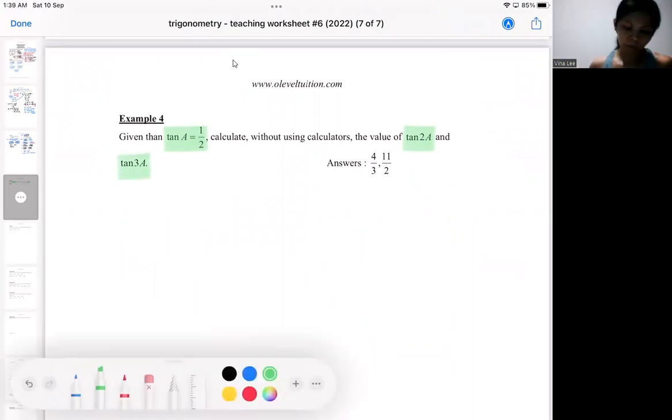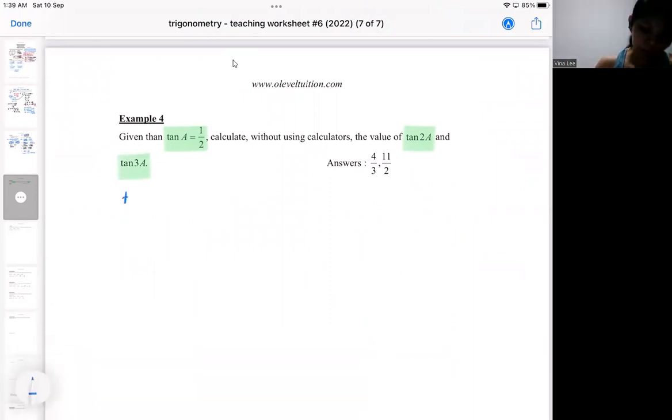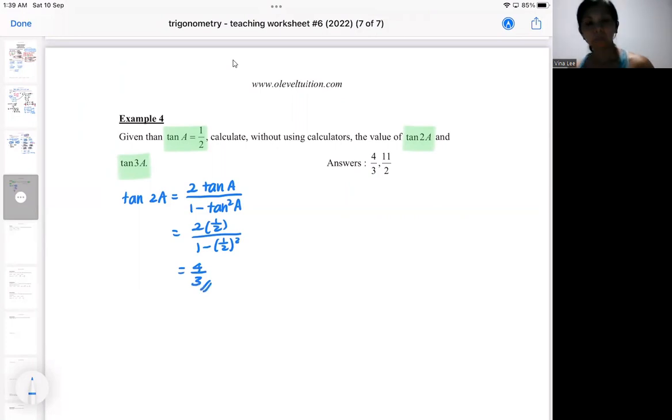If you recall the formula for tangent 2A, that is quite obvious. So you just have to write the formula and you can plug the fraction inside. And then you punch calculator. So this one is really quite direct.